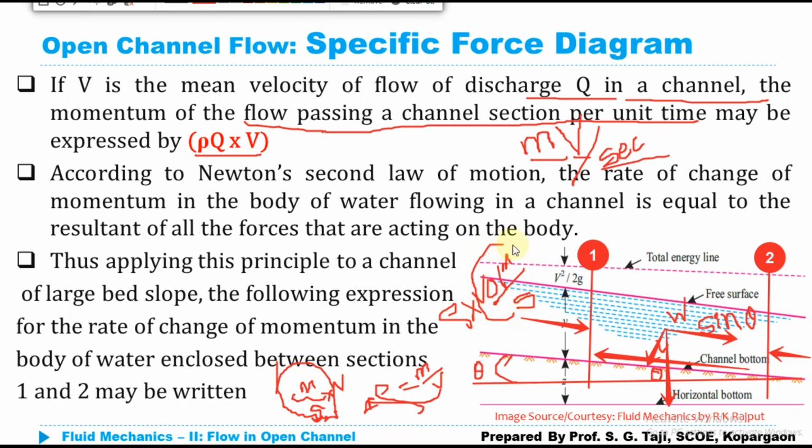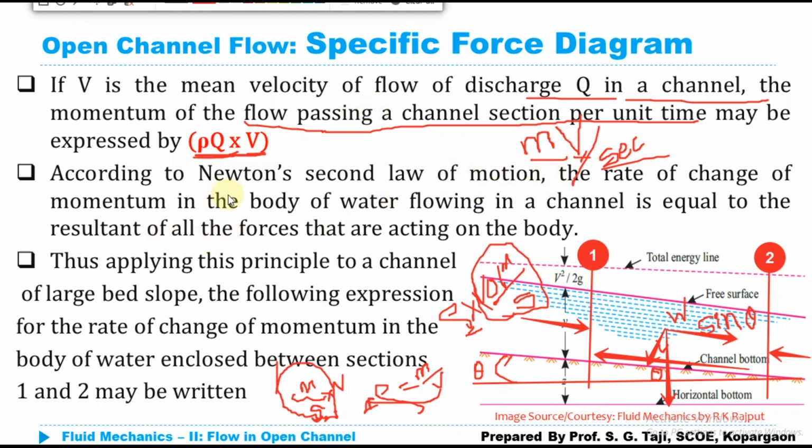Now what is this volume per second? That is meter cube per second, which I can simply write as Q. So it becomes rho multiplied by Q multiplied by the remaining V. So our equation is rho Q V. Remember, rho Q is the mass flow rate, the mass of fluid flowing per second, and multiplied by V it is the momentum of flow per second or per unit time.